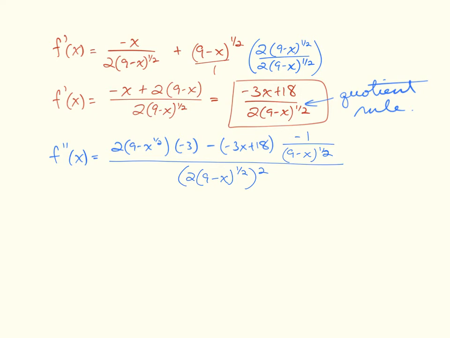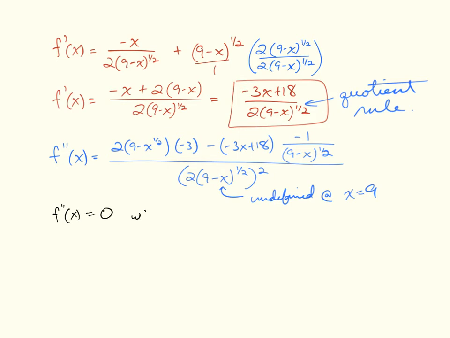In order to find x values for possible points of inflection, we need to find where the second derivative is undefined. And it looks like the second derivative is undefined at x equals 9. The other way to find x values for the possible points of inflection is to set the second derivative equal to 0.